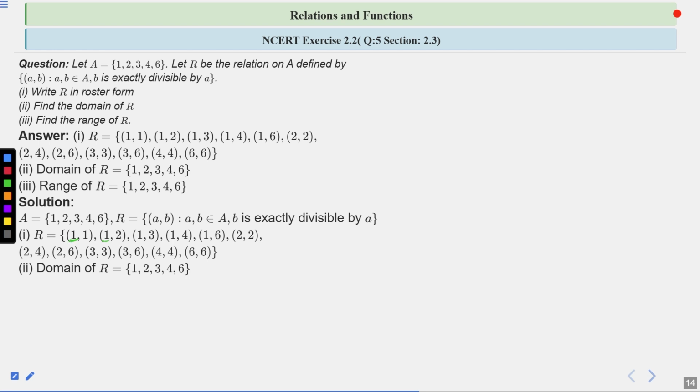Just collect all the first elements from the ordered pairs in the roster form of R. So 1, 2, 6, 4, 3. Now for range, just collect all the second elements. So 1, 2, 3, 4, 6, which is the same as set A. Clear?